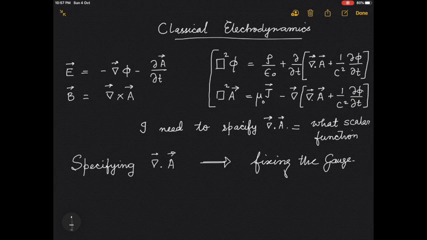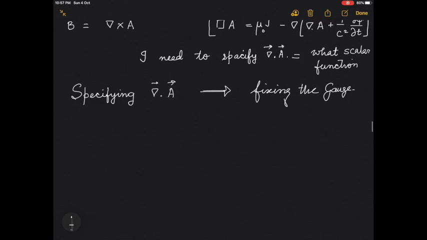Depending on that, the solution for A will change, but I should choose that function in such a way that the solution for E and B cannot change. If the solution for E and B changes, then obviously I'll not get back the same electrodynamics. So let us ask the question, how do we choose A?